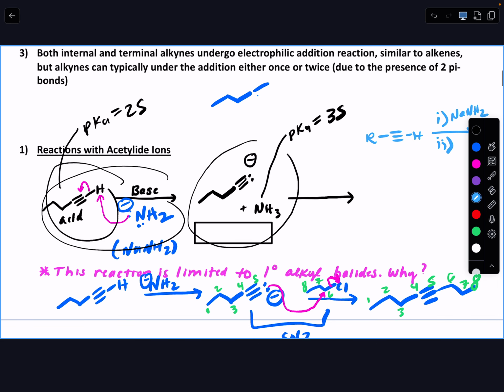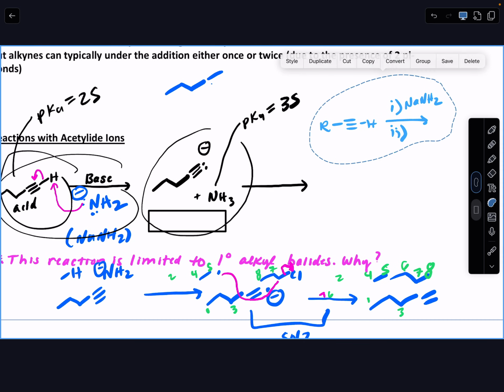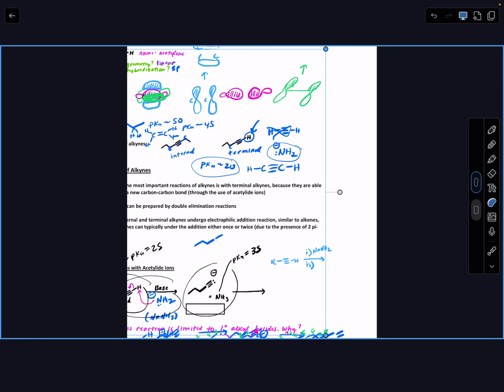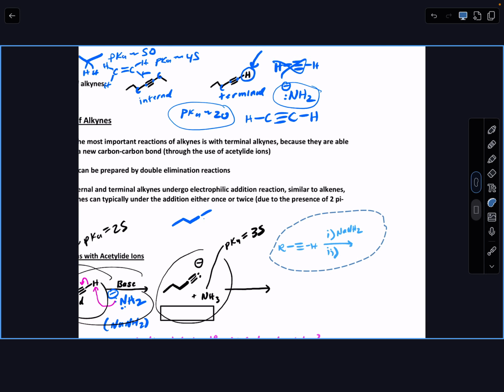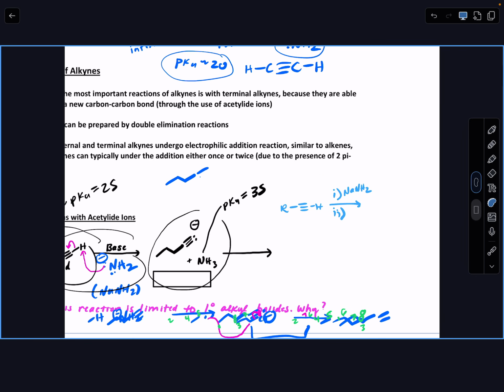So let me go back up here. Of course, I'm running out of space. Oh, you got enough room over here. I'll add it in. And then you draw your alkyl halide, so I'll give this an R prime, just different from R. Maybe R1, R2 is easier.